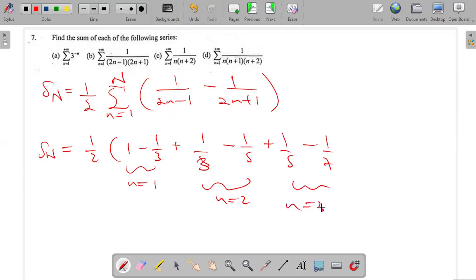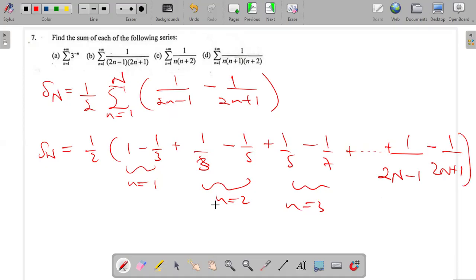That is when n is 3. So this is plus, and so on, and this is just going to keep going. And of course, you're saying for 2n minus 1, then minus 2n plus 1, like that. All this is multiplied by half. So this is what you get. So those are the first few terms.